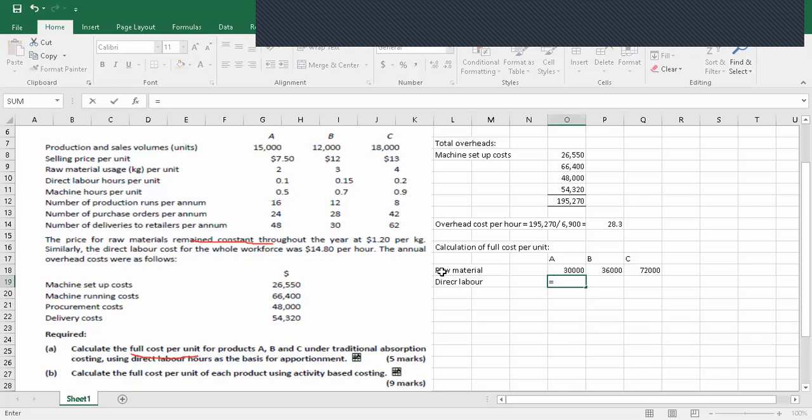Here we see that the direct labor hours per unit are 0.1. So 0.1 into 15,000.